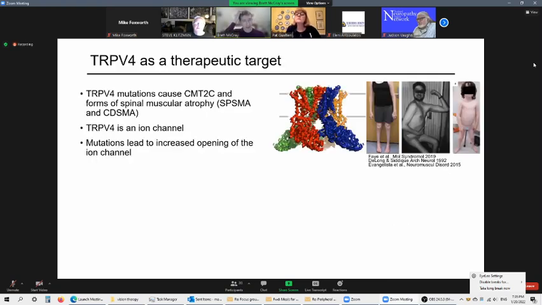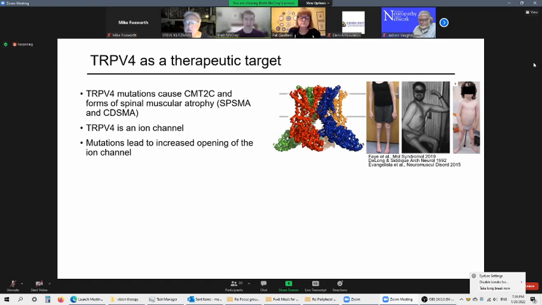So the last example I'll give is related to this gene that I study a lot in the lab. It's called TRPV4. We call it TRPV4. This is a gene that's mutated in a type of CMT, type 2C, and also other forms of neuropathy. It's unique in that it's an ion channel, which means it's basically something that sits on the surface of cells and lets things flow in and out of the cells.